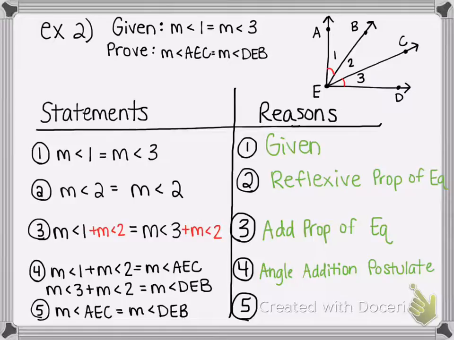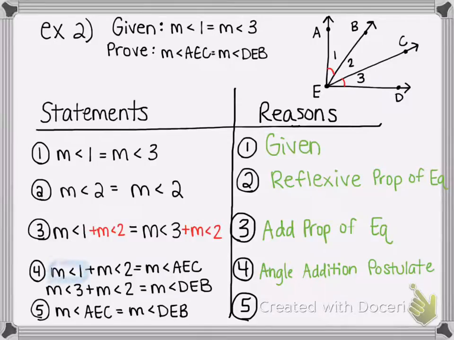So how in the world can we go from 4, saying all that angle addition stuff, to saying AEC is equal to DEB? Well, does anybody know? I'll tell you. All we did was switch what they were equal to. Now, how in the world can we do that? Well, if you notice up here, hold up, let me get a highlighter.